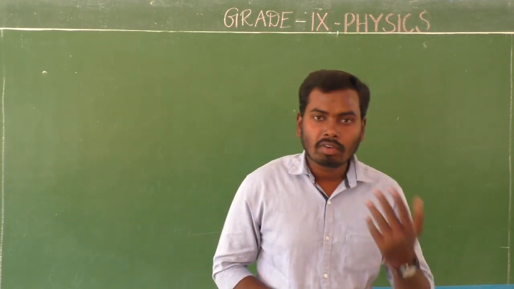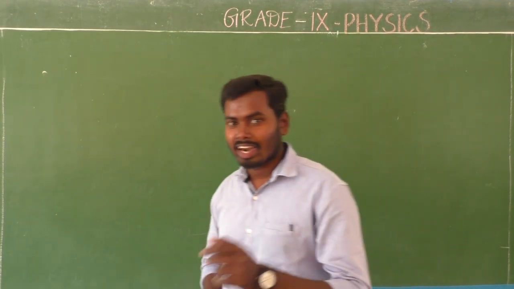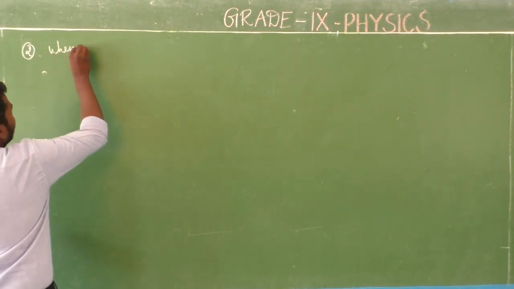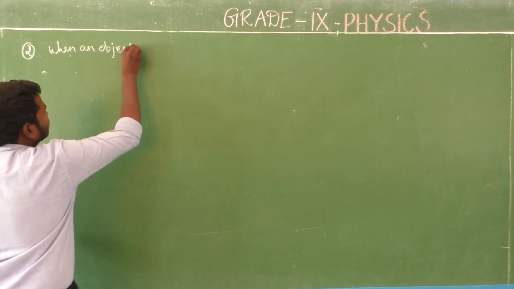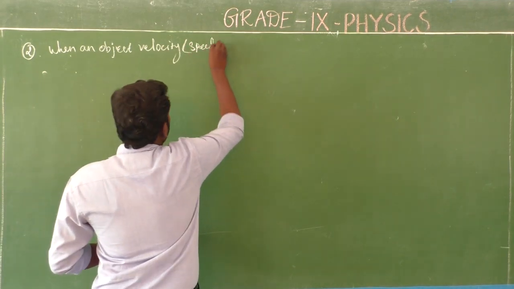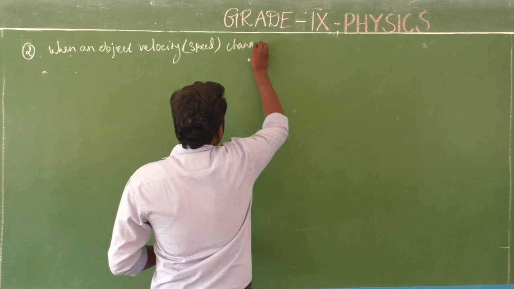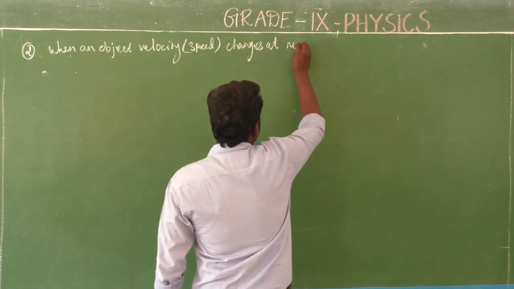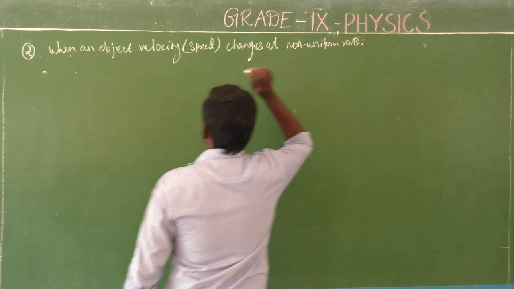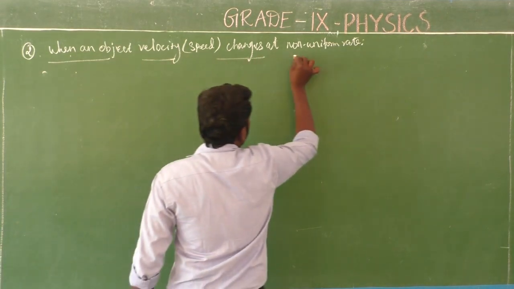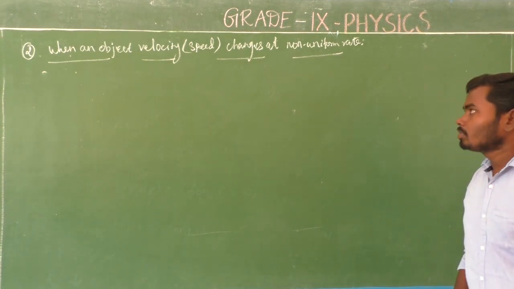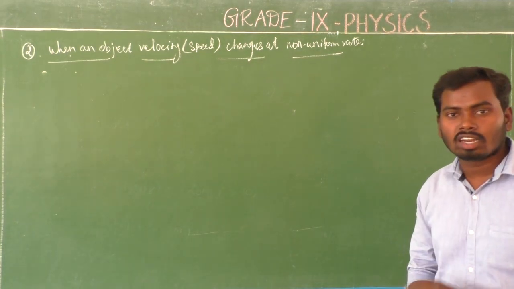So when an object's velocity or speed changes at a non-uniform rate, that is the second condition. So in a velocity time graph, when an object's velocity or speed changes at a non-uniform rate.